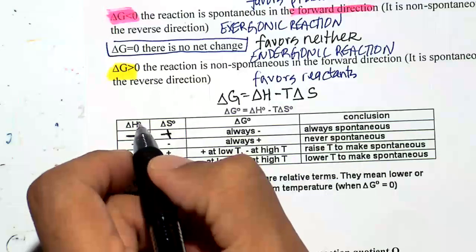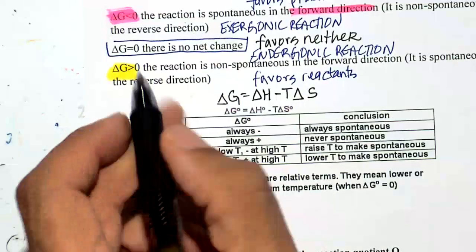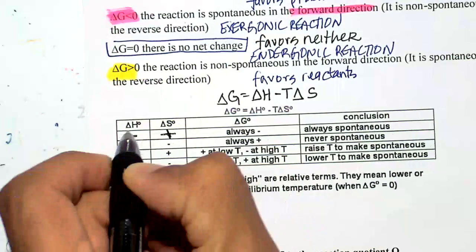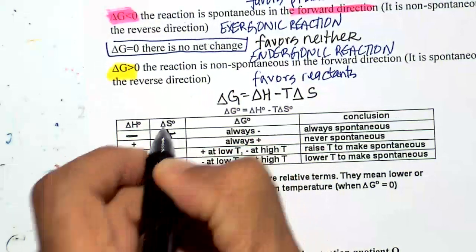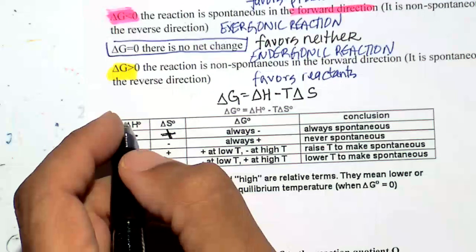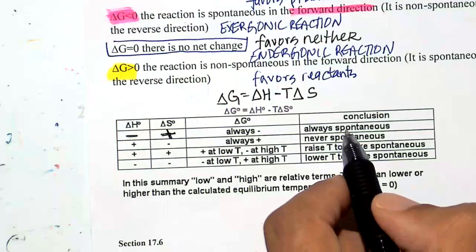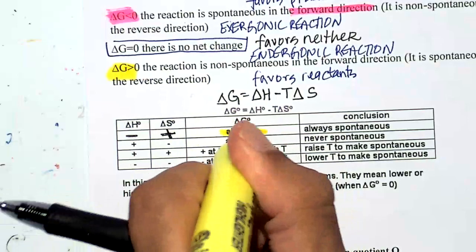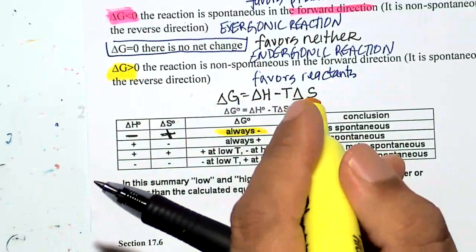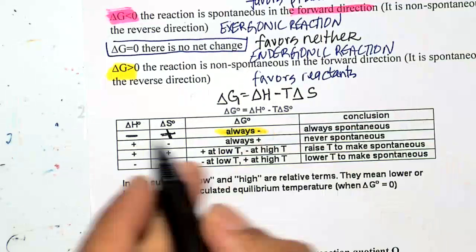So if you have a reaction that releases heat, and we already determined that if it releases heat, the surroundings get more disordered, and if you have a reaction that is spontaneous or leads to more disorder, then regardless of the temperature, your delta G will always be negative. And if your delta G is always negative, that's an exergonic reaction, and this will be a reaction that will favor the products no matter what temperature.